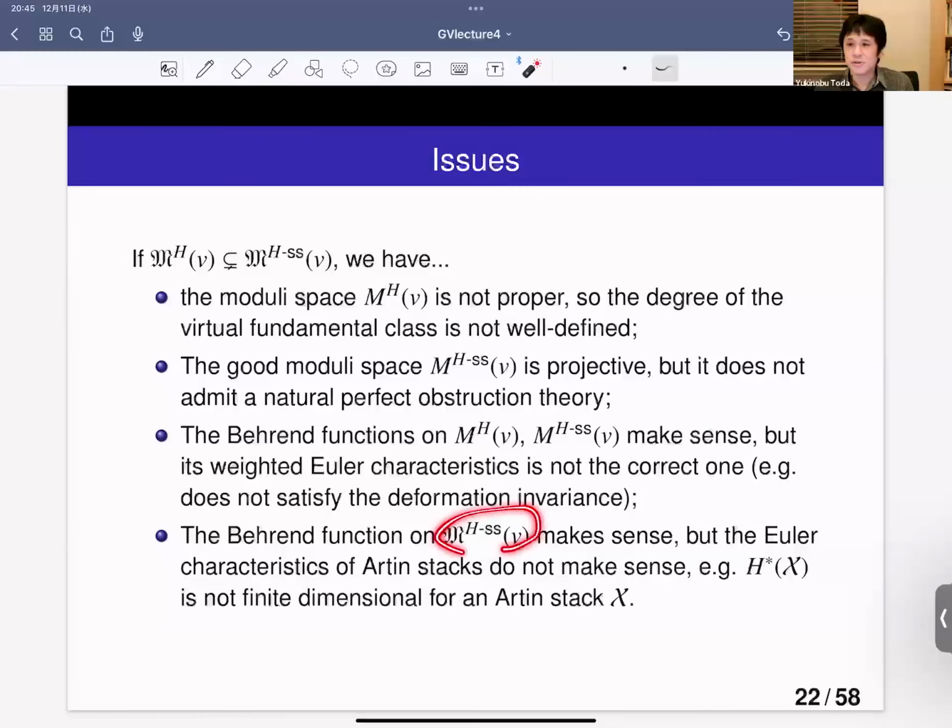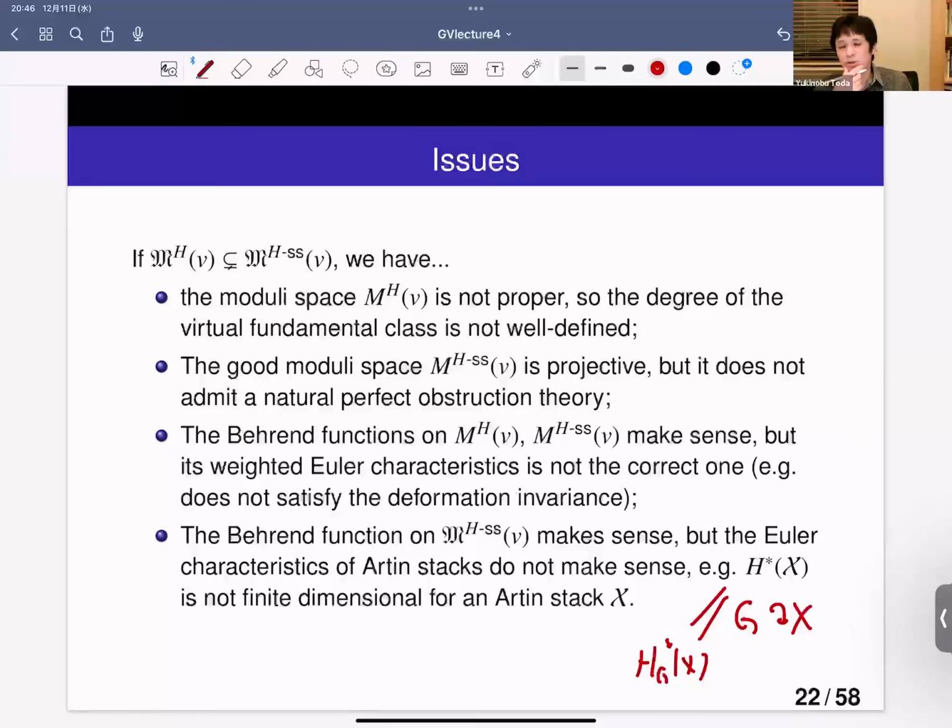So this is now an Artin stack. For example, if you consider the cohomology theory of an Artin stack, if there is some group action on X, and the stack is the quotient stack of this one, then this is the equivariant cohomology. But usually this is not finite dimensional.